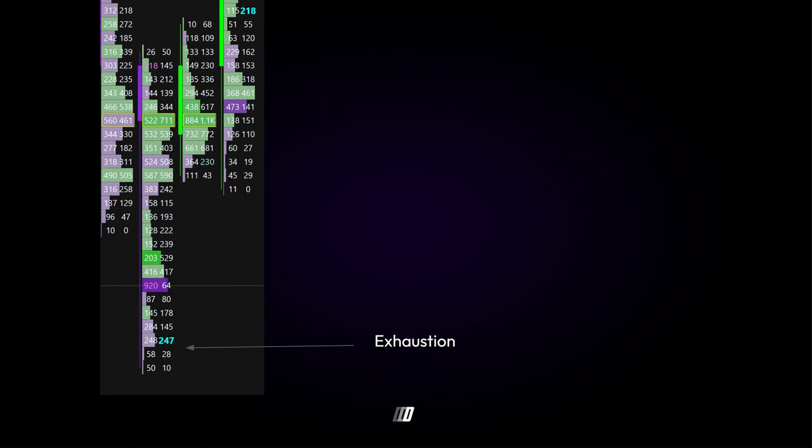An exhaustion phase instead is a phase where you'll typically see, from a profile standpoint, a dry up in volume. You see how there's less and less volume. And especially in the last few steps, there's less and less volume. So you don't have a clear phase of absorption here.